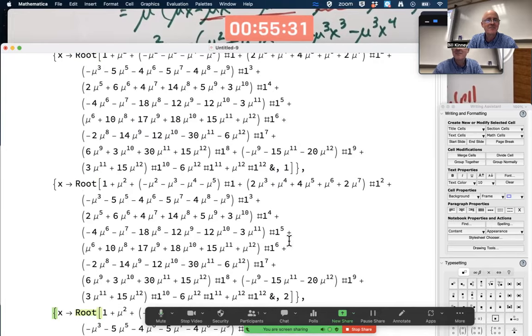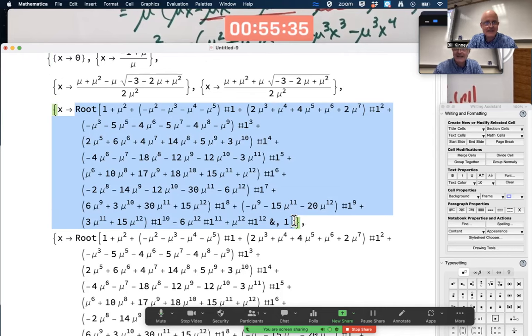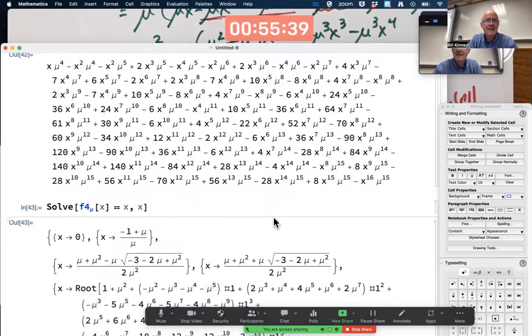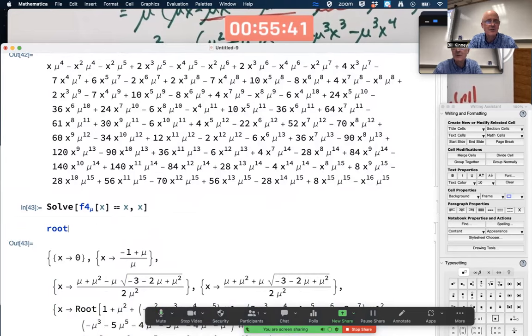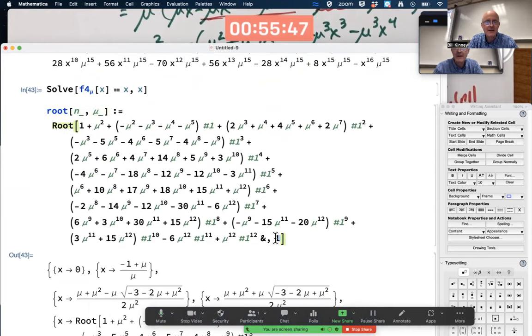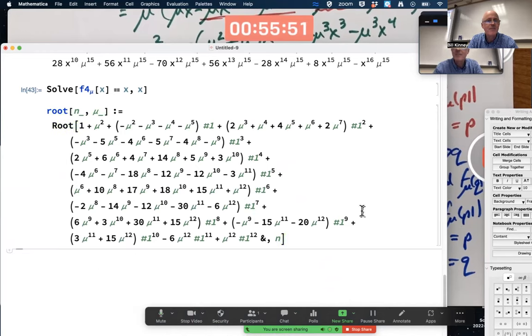So what I tried ahead of time, and it worked, was I copied and pasted this thing. I called it root n mu like this, and changed the 1 to an n. Now let's just get rid of this output. And amazingly, when I plot this thing as a function of mu for any n, it does work.